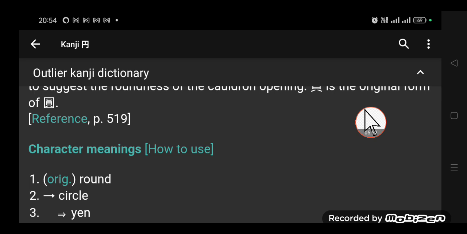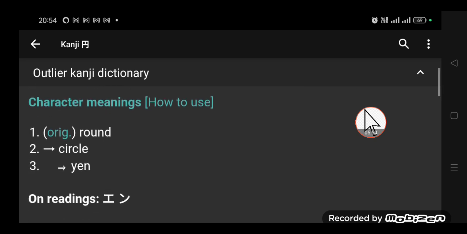Okay, so let's not tarry on that. Character meanings. The original ancient Chinese meaning is round, but the primary meaning is circle, and the secondary meaning is the form of Japanese currency, yen. But take note, if an American or a Westerner says yen, that's fine, but if you go strictly with the correct pronunciation in Japan, it's n.